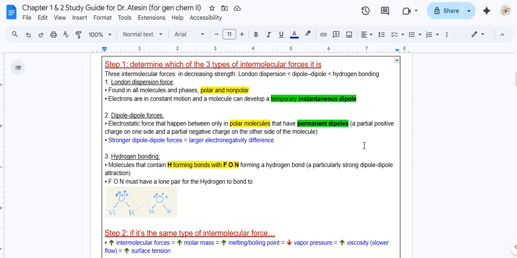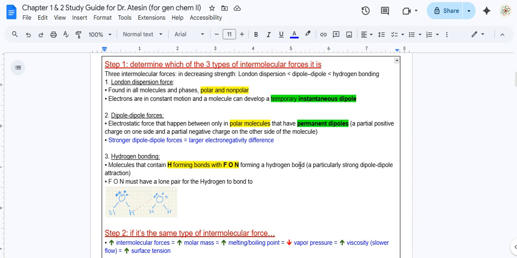And the third type of intermolecular force is hydrogen bonding, which happens when hydrogen bonds with either fluorine, oxygen, or nitrogen.